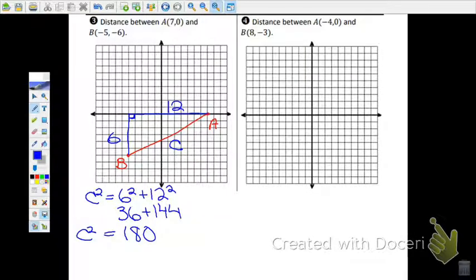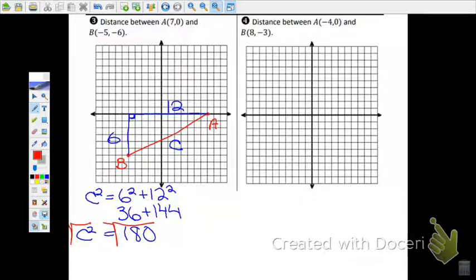So then I'm going to take the square root of both sides. Is 180 a perfect square? No, it is not. So what is a perfect square that goes into 180? 9.